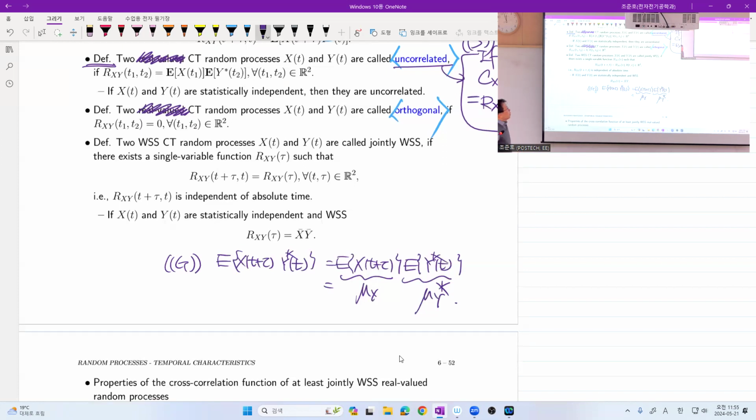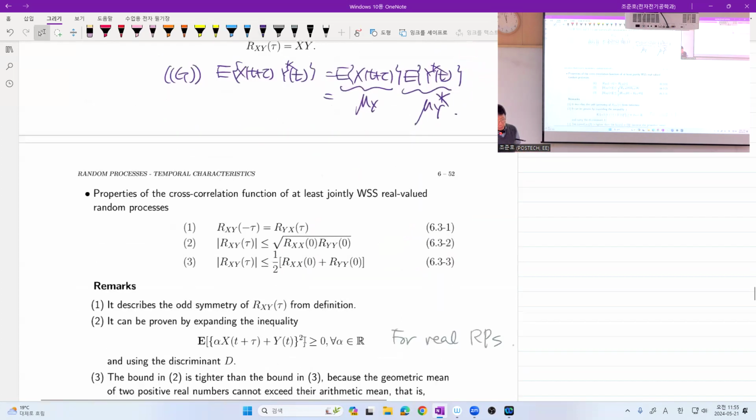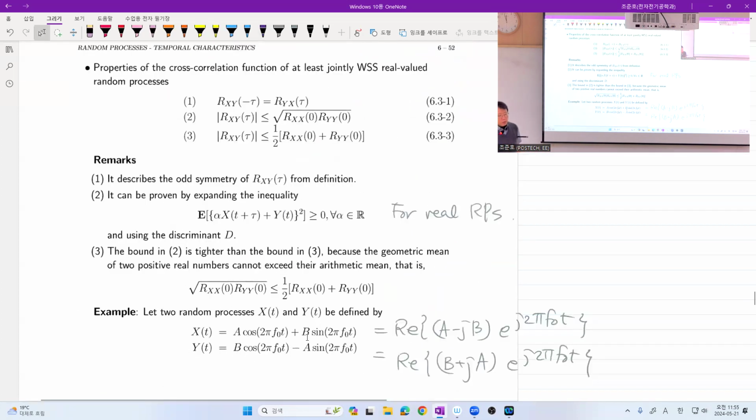It seems that our handouts sometimes assume two real valued processes and sometimes complex valued random processes. So I will correct them to be more consistent later and upload it again. Now, here go some properties of cross-correlation functions.